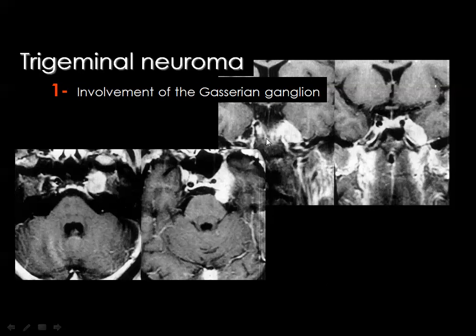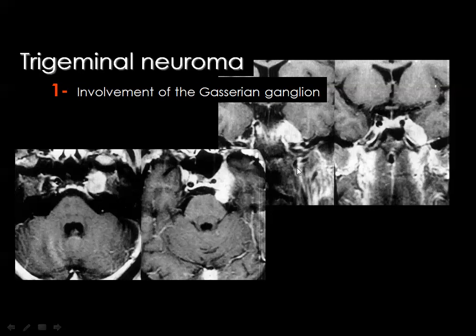This is the normal Gasserian ganglion found posterior to the cavernous sinus, but on the side of the tumor, you cannot see the Gasserian ganglion. If you see the Gasserian ganglion adjacent to the tumor, then think of other diagnostic possibilities like parasellar meningioma, for example. And this is the trigeminal neuroma.